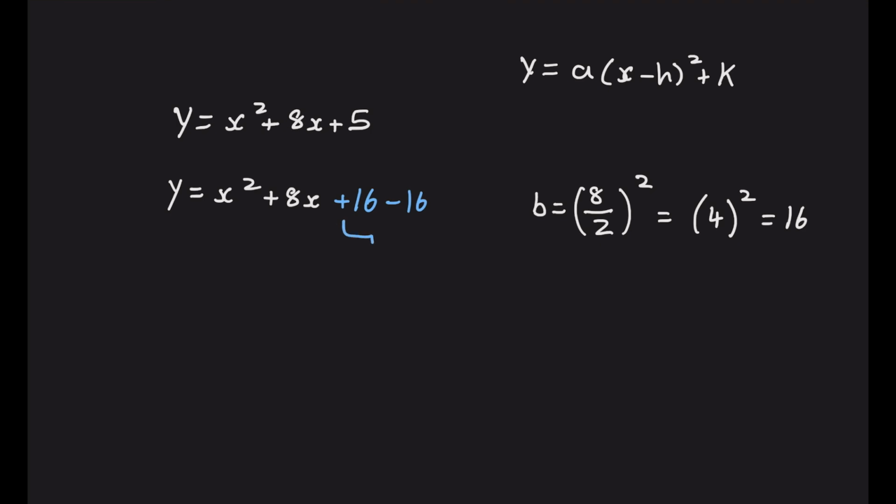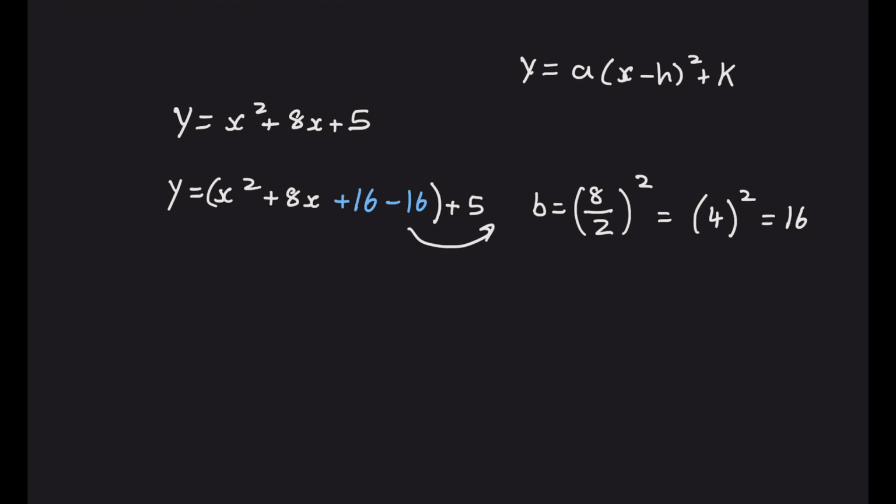You're allowed to do this because when you do this together, it's just 0, so it never existed in the first place. But it's going to help us transform it to the vertex form. And then what you're going to do next is add these brackets right here, and then the plus 5, like so.